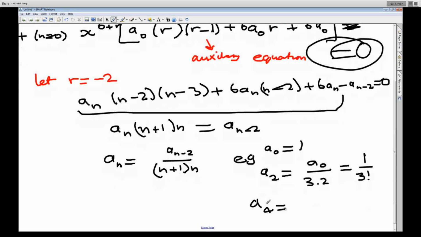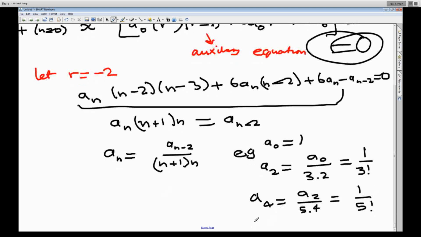A4, plugged into my expression here, would be A2 on 5 times 4, which is 1 on 3 factorial divided by 5 times 4, which after simplification becomes 1 on 5 factorial, etc. If you write down the first few terms, you can sometimes see a pattern. So you can probably guess from that that if you've got A to any even number, you end up getting 1 on 2n plus 1 factorial.